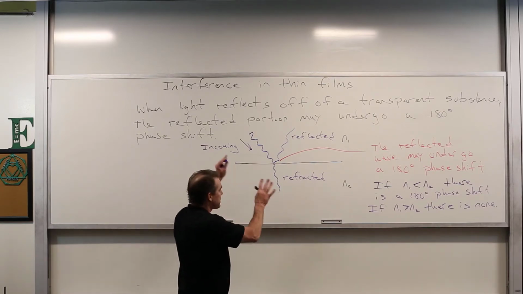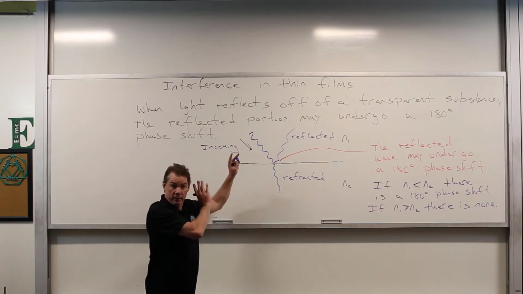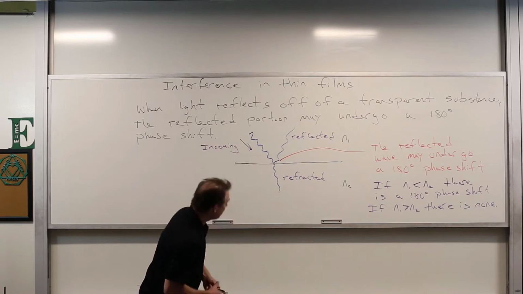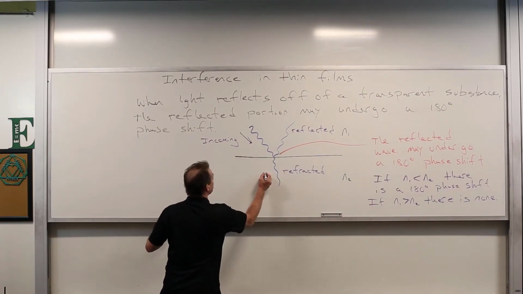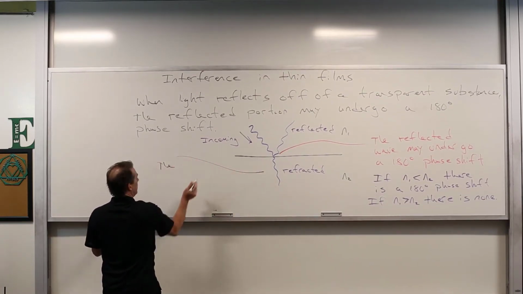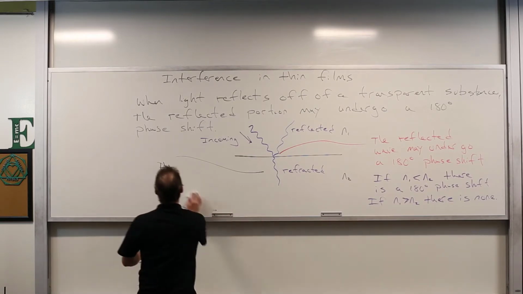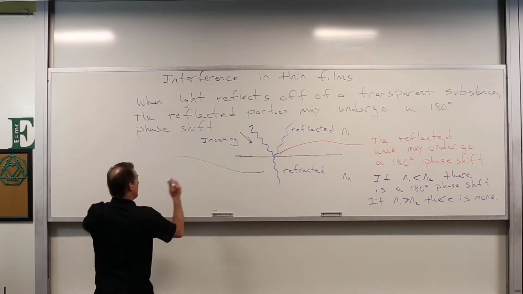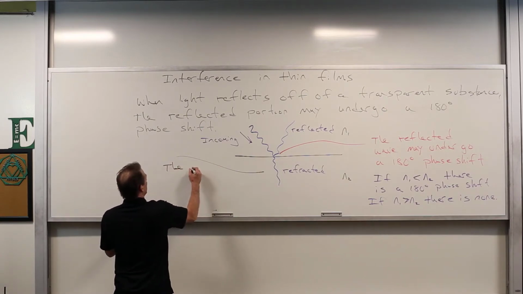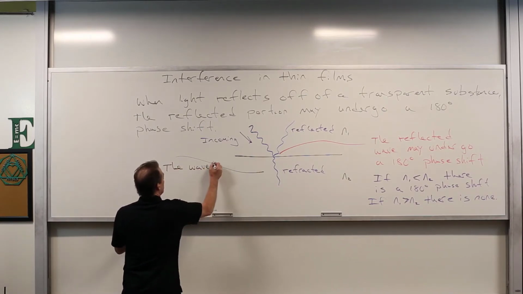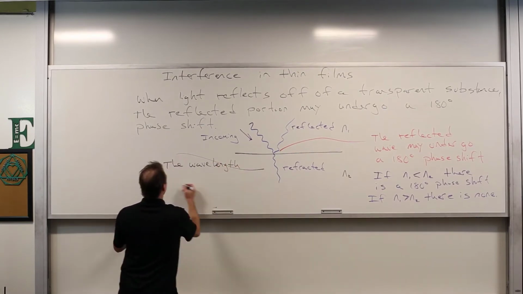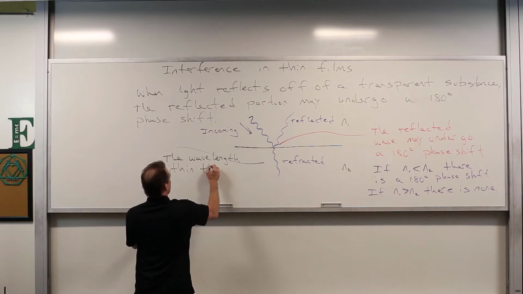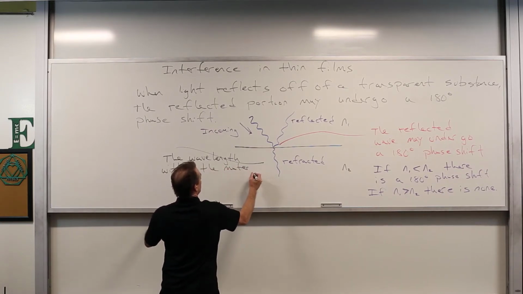This doesn't really explain anything regarding thin film interference yet. We've got something else going on that's worth looking at. The wavelength of this refracted ray is not the same as the wavelength of the incoming.